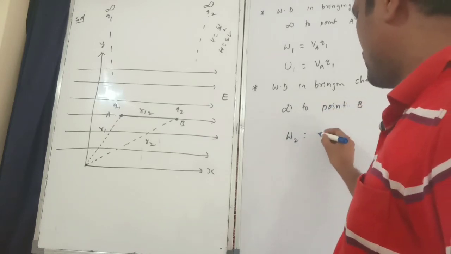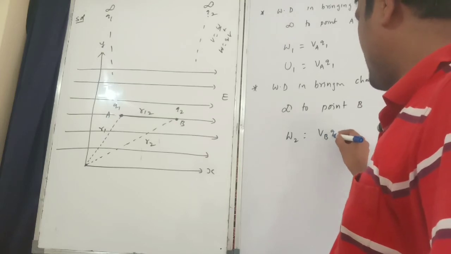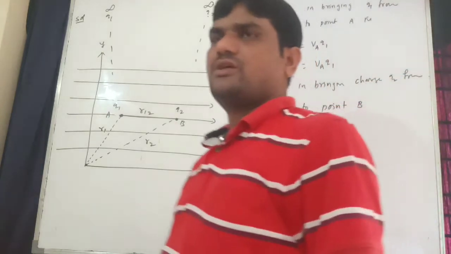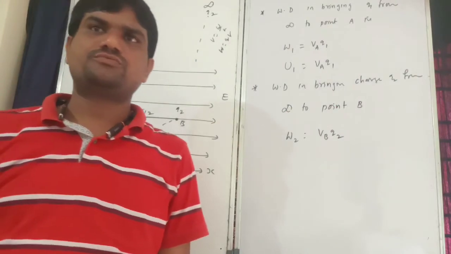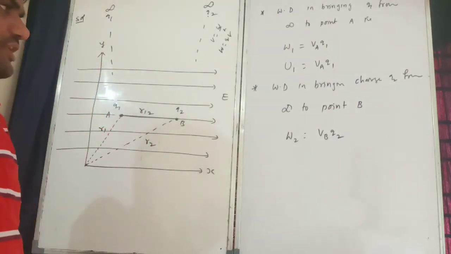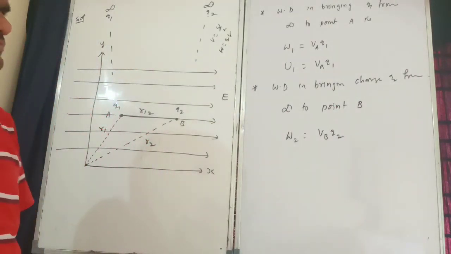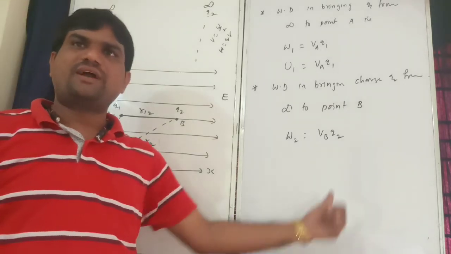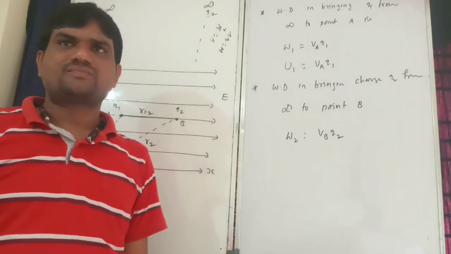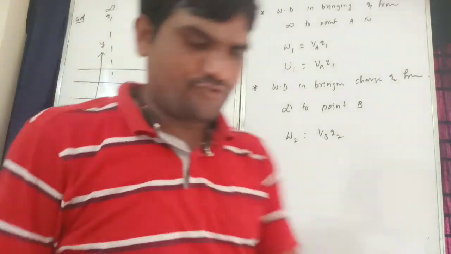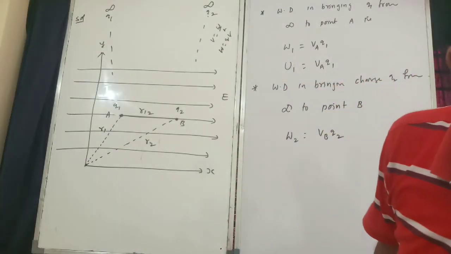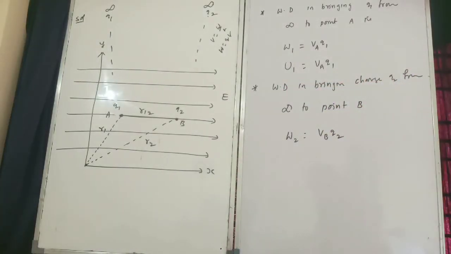W2 is equal to VB into Q2. Correct? VB into Q2. What is the meaning of VB?